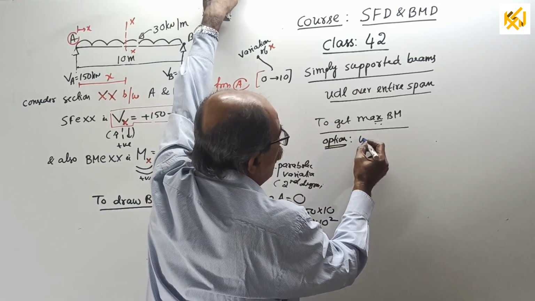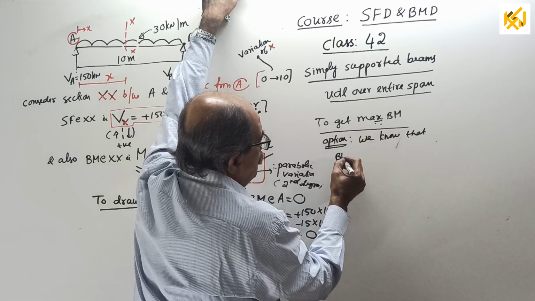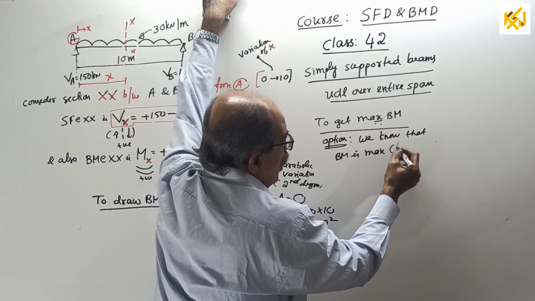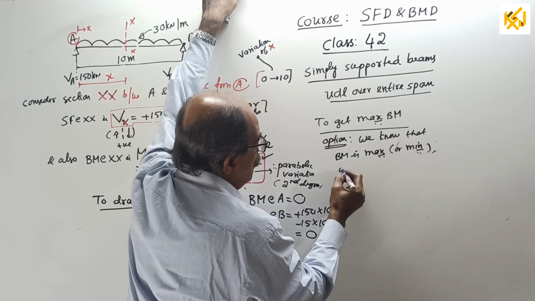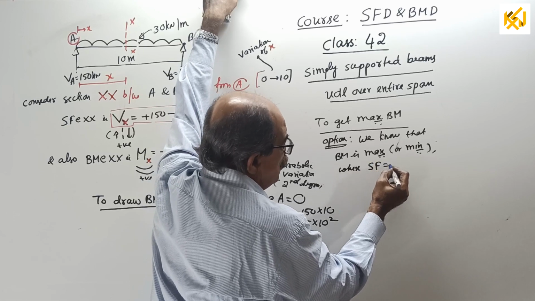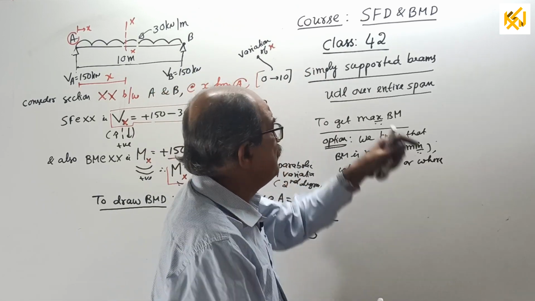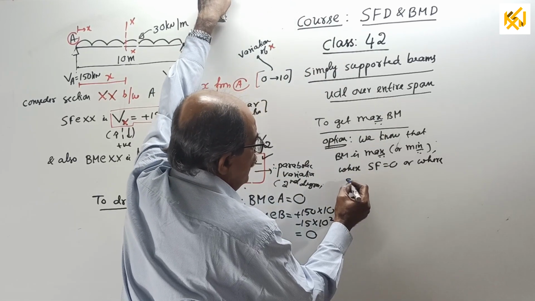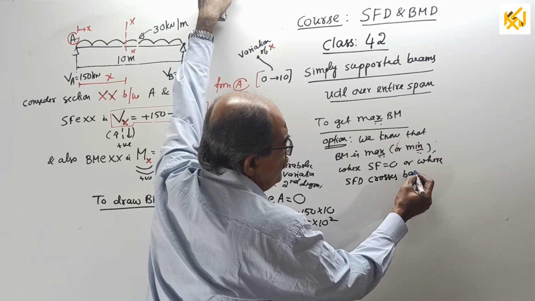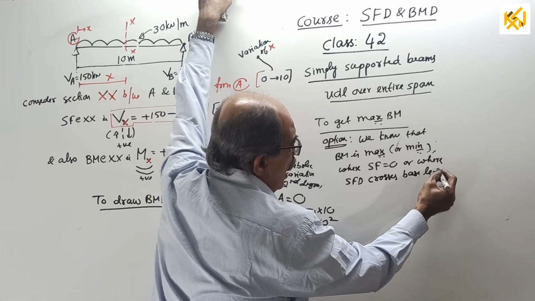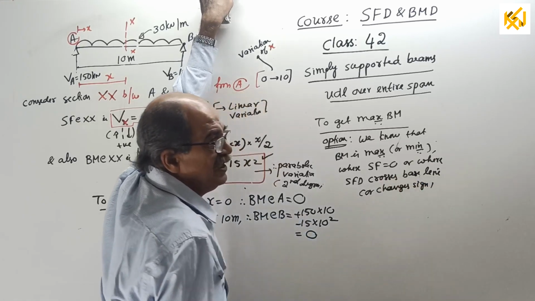We know that BM is maximum, or in rare cases minimum, but today maximum, where SF equal to 0, or in case of a point load, where the SFD crosses the baseline, or you can say changes sign. Both are the same.